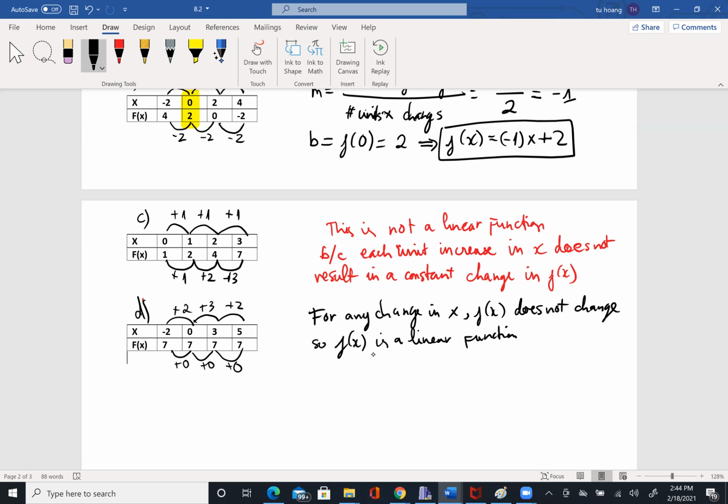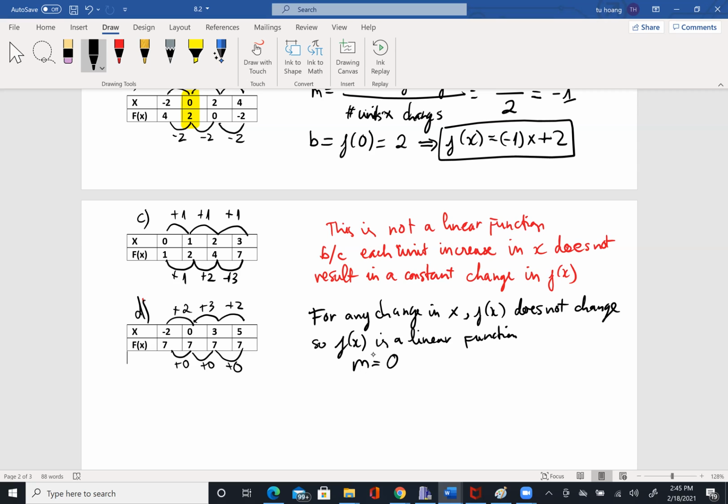And in this case, because f of x does not change, the slope is just equal to 0, right? Because the change of y is 0, I don't care about the bottom. So 0 divided by something is just equal to 0.